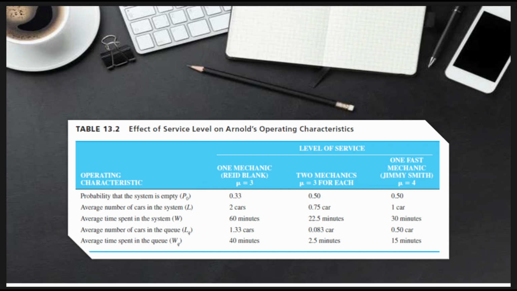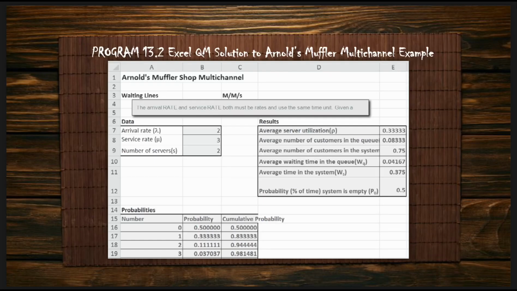Average time in the system: 1 mechanic is 60 minutes, 2 mechanics is 22.5 minutes, the fast mechanic is 30 minutes. Average number in the queue: the 1 mechanic is 1.33, the 2 mechanics is 0.083, the fast mechanic is 0.50 car. Average time in the queue: the 1 mechanic is 40 minutes, the 2 mechanics is 2.5 minutes, the fast mechanic is 15 minutes. The last slide is the Excel QM.